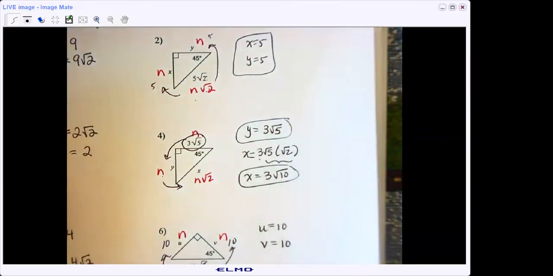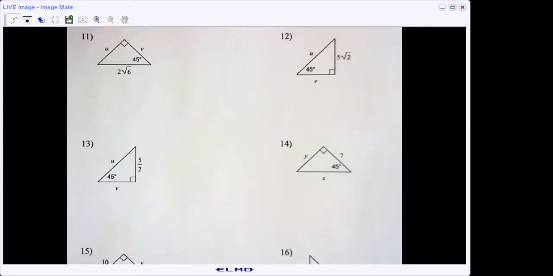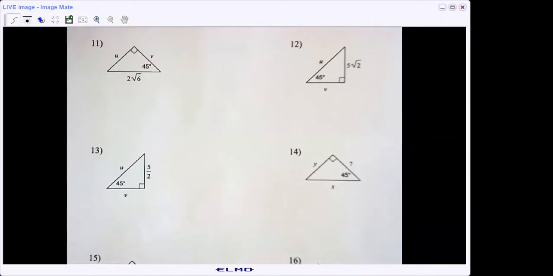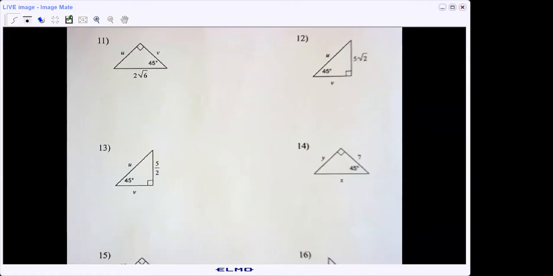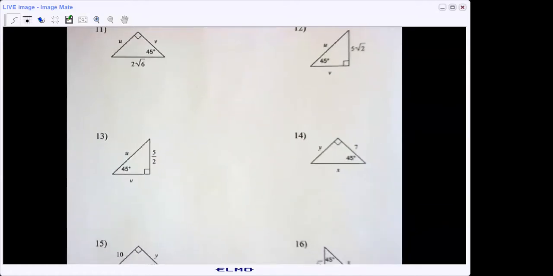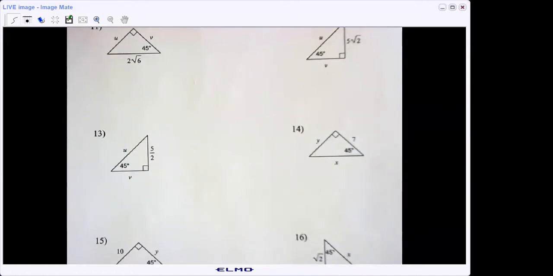Okay. Second page. There are a few tricky ones on here, and I'm going to start with those and leave a couple of the easier ones for you guys. Look at 13. 13 always kind of stresses out my students because it's a fraction. But if you label, some of you need to draw it.